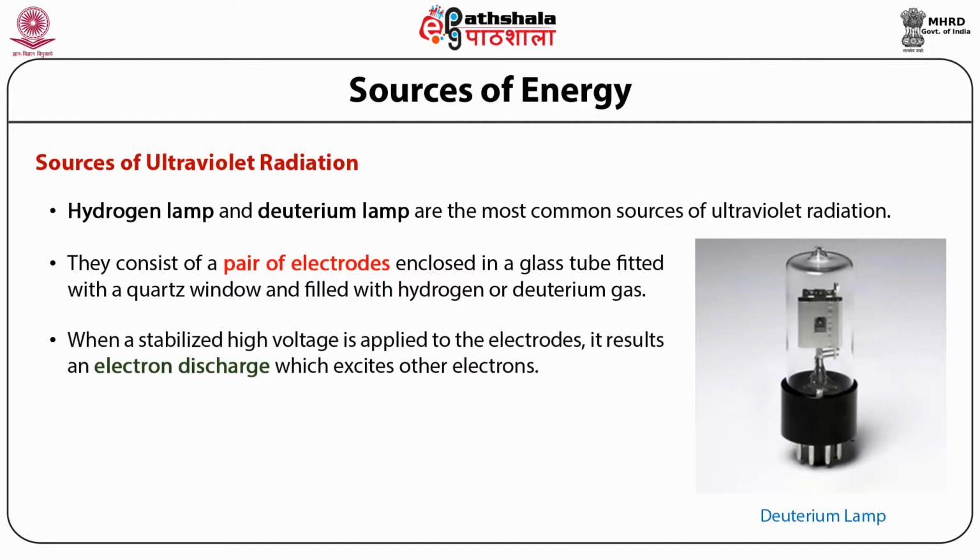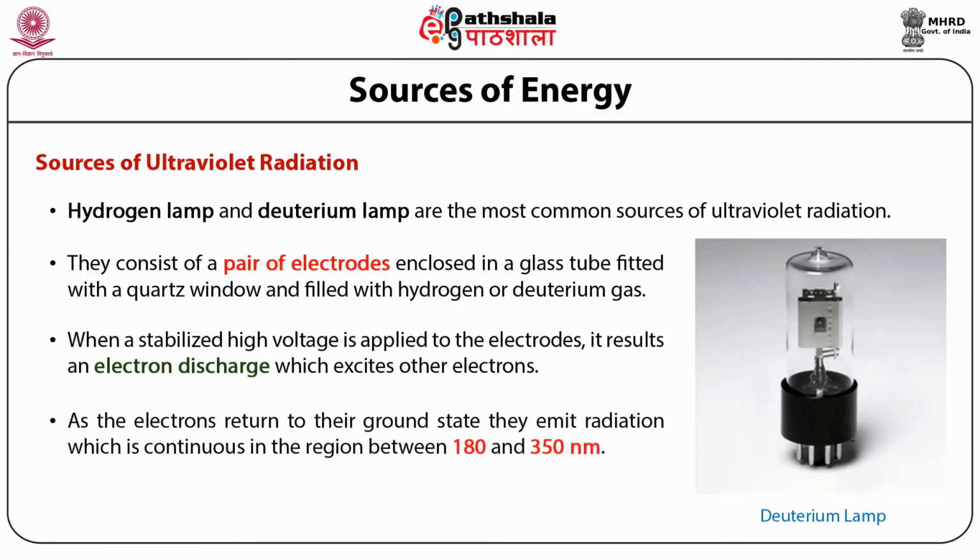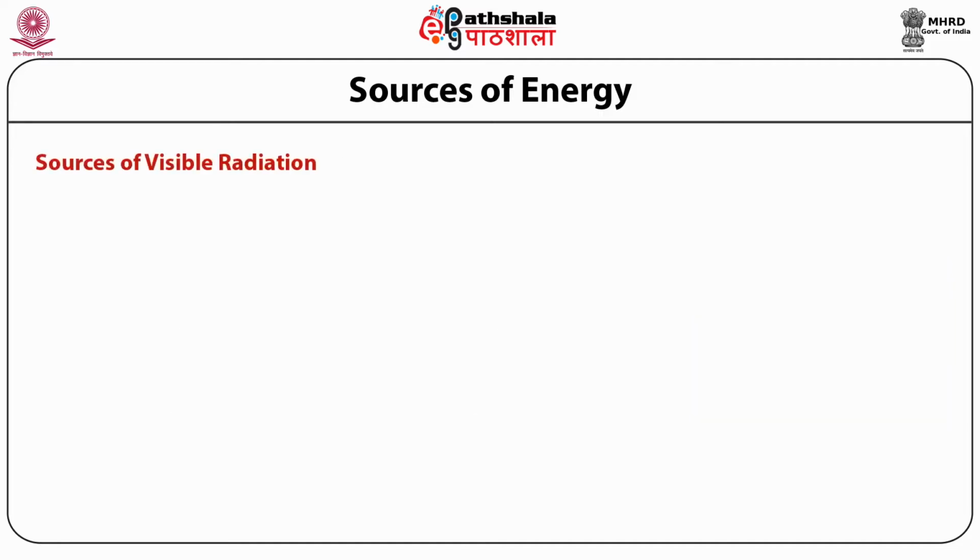When a stabilized high voltage is applied to the electrodes, it results in an electron discharge which excites other electrons in the gas molecules to high energy states. As the electrons return to their ground state, they emit radiation which is continuous in the region between 180 and 350 nanometer. Sources of visible radiation.